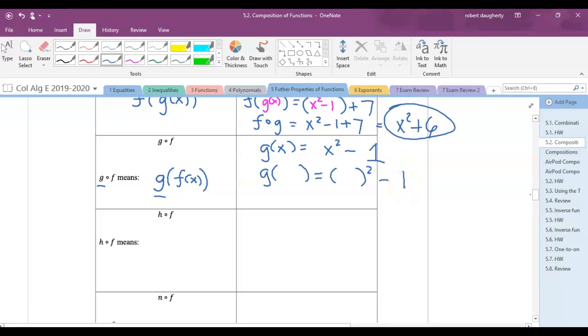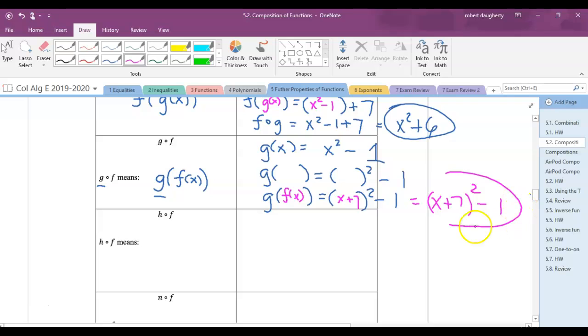Okay? So this means that g, what needs to get plugged into g? f of x. Okay? What's f of x? x plus 7. So that tells me this is x plus 7 squared minus 1.